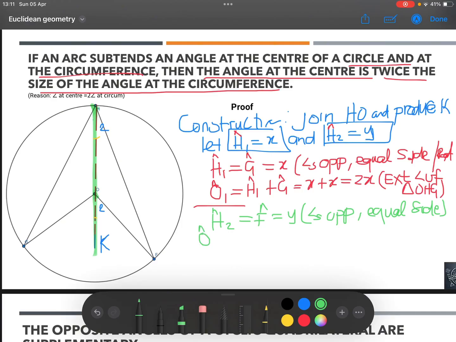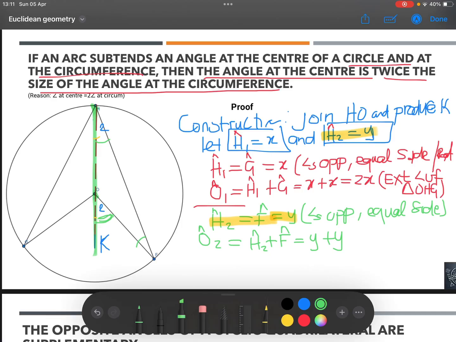Now looking at angle O2, angle O2 is this one. That is the exterior angle of angle H2 and angle F. Then O2 is equal to angle H2 plus angle F, which gives us y plus y. Remember, angle H2 is equal to y, we said so up there.